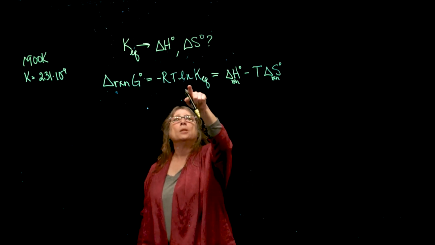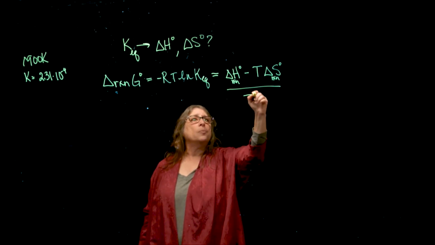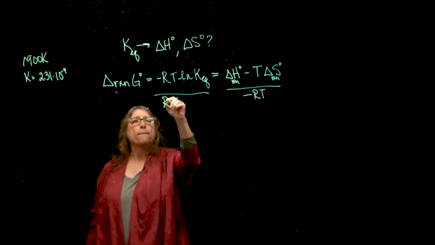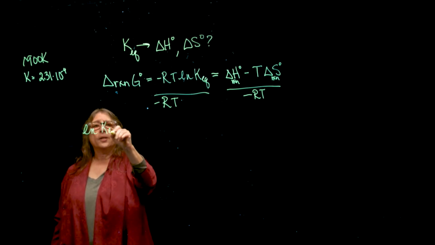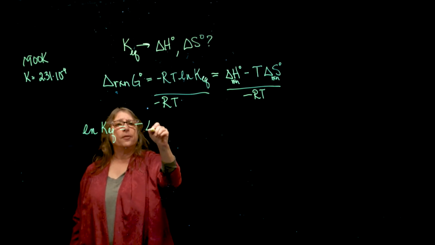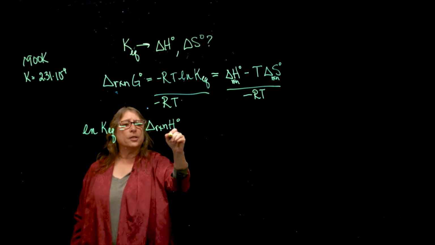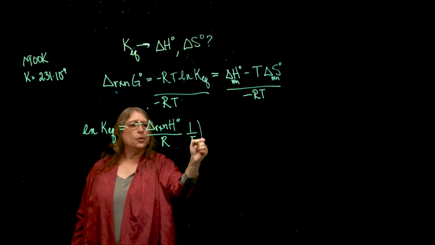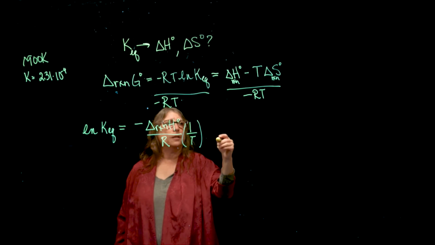I want this equilibrium constant by itself, so I'm going to divide both sides by negative RT. And I'm left with the natural logarithm of the equilibrium constant is equal to negative enthalpy of reaction under standard conditions divided by R. I'm going to separately use 1 divided by the temperature because that's the other variable I'm given.